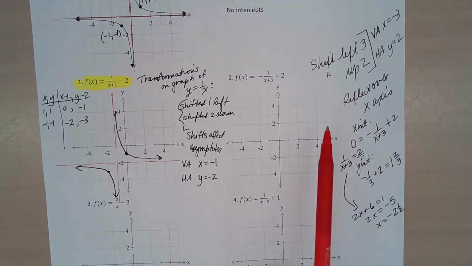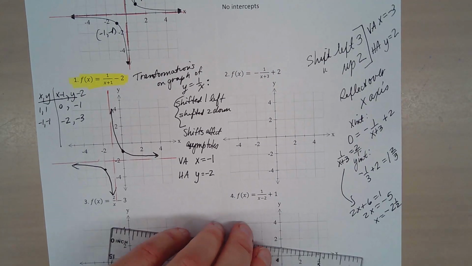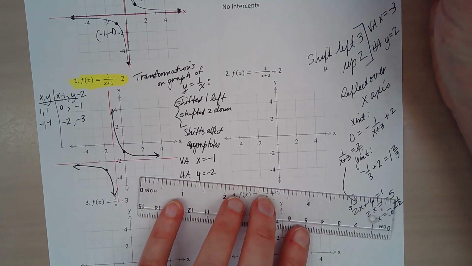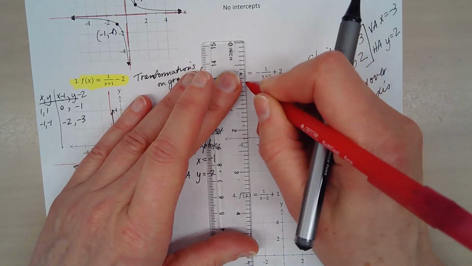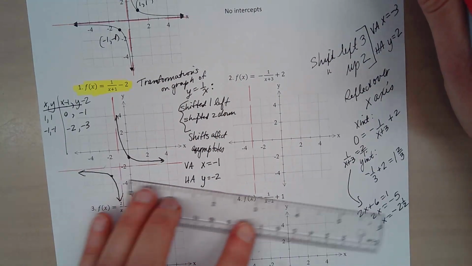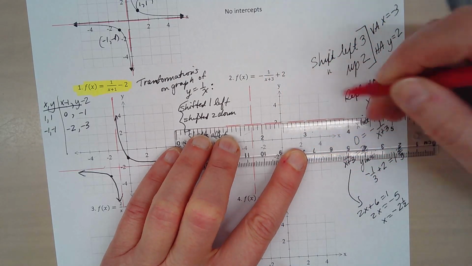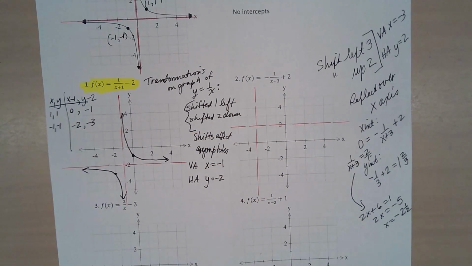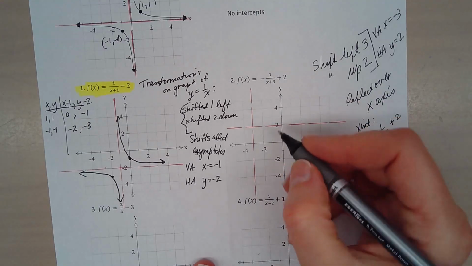We'll do this last one together, then I'll leave these two with you to do for practice work. So let's do a vertical asymptote at negative 3. Horizontal asymptote is a positive 2. My x-intercept is negative 2.5.